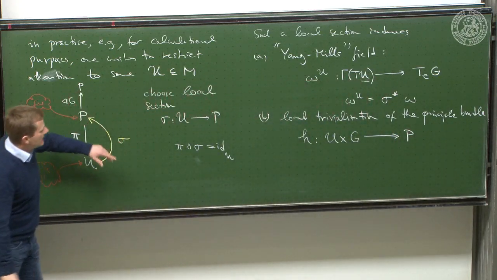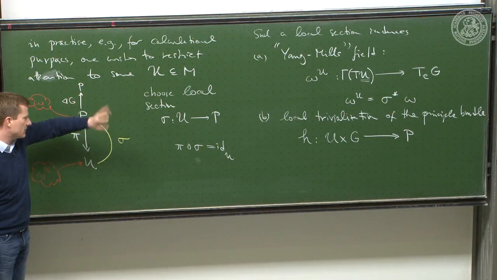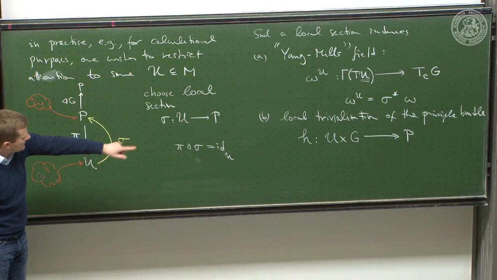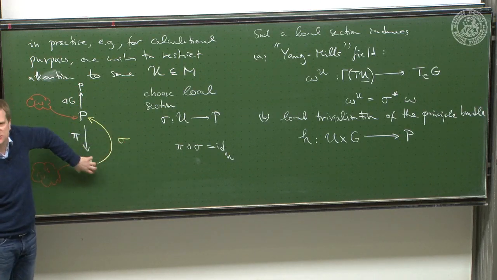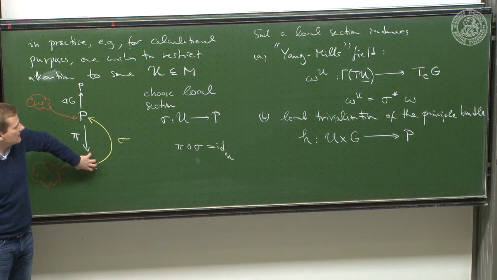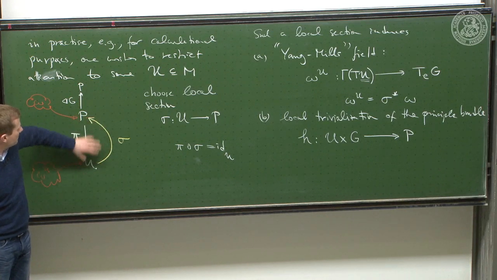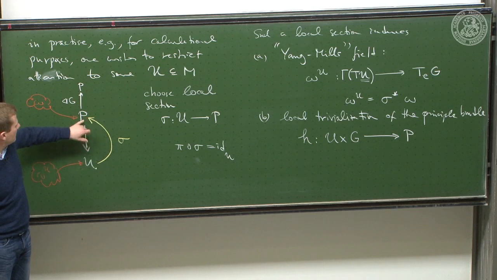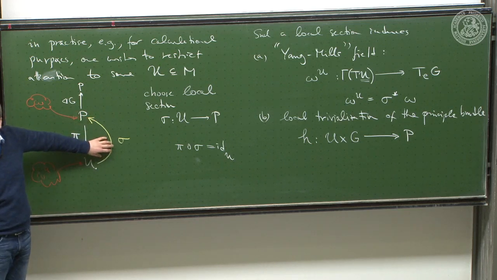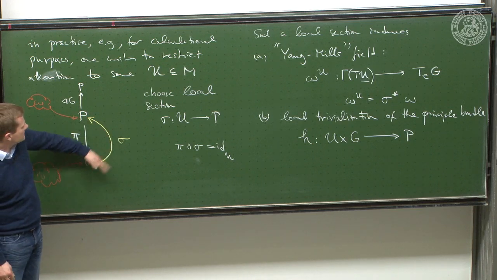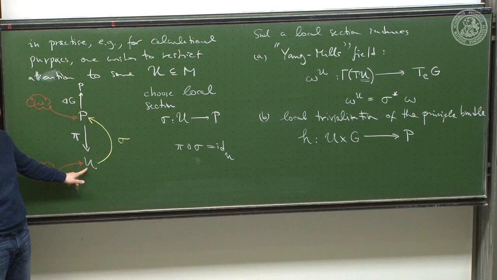So you see, if the entire bundle, now apart from the principal bundle business, is of the form base manifold M cross G, then it's a trivial bundle, okay? Now, the principal bundle is only trivial if and only if it admits a global section. So hence, in general, we can't have a global section. That is why we had to restrict to a local one here in the first place.